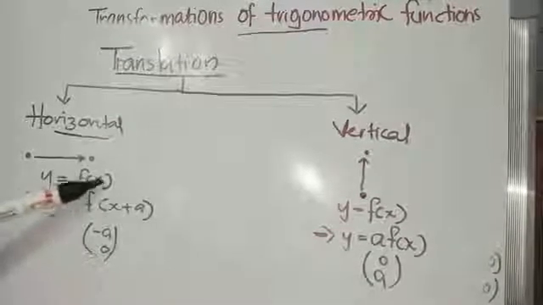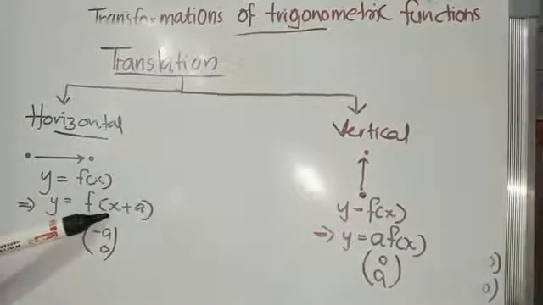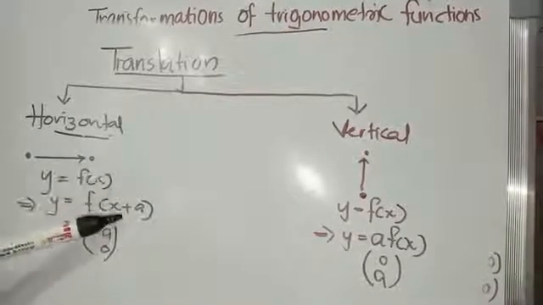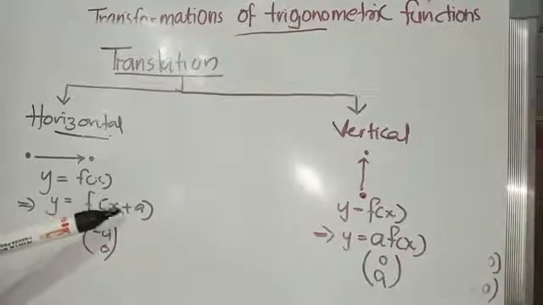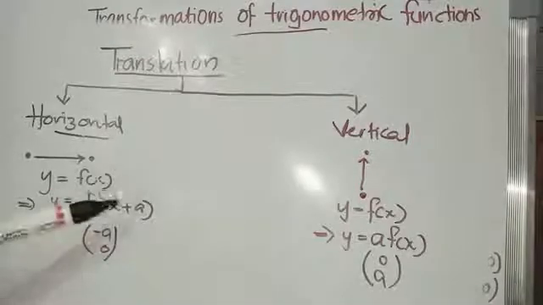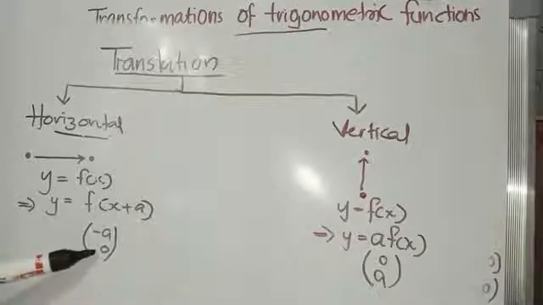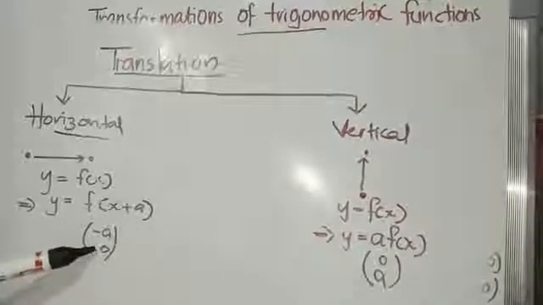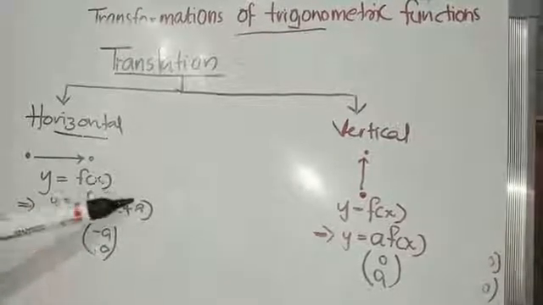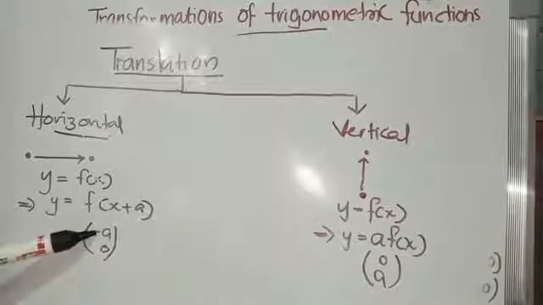You can find here where the translation happens. x changes to x plus a with a translation vector (minus a, 0). That means there is no change for the y coordinate. The x coordinate changes by minus a.